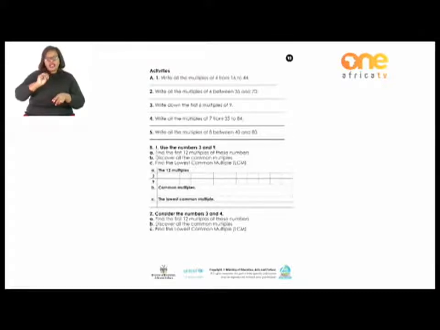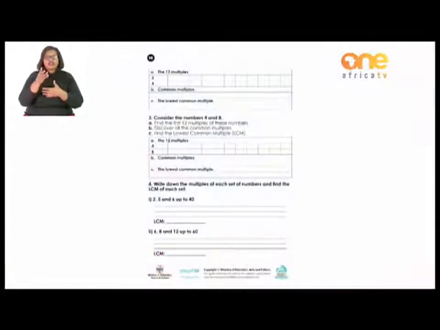Then we continue on page 16. You have to fill those 3 and 4 in that space provided. Number 3, you have to do the same with the numbers 4 and 8. And then we go to number 4. Here we have to write down the multiples of each set of numbers and find the LCM of each set.